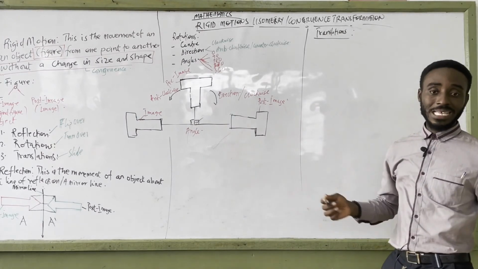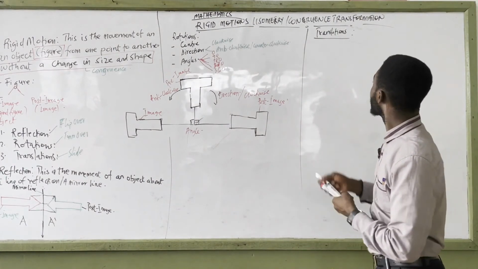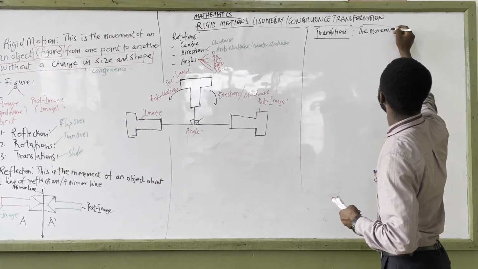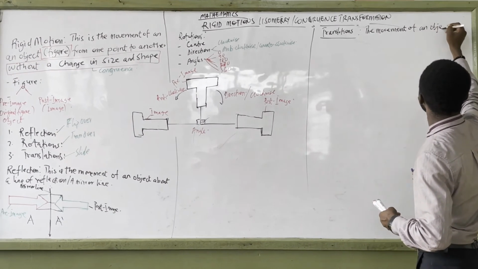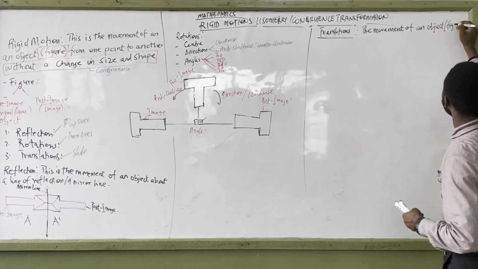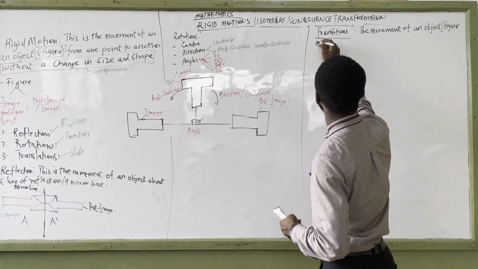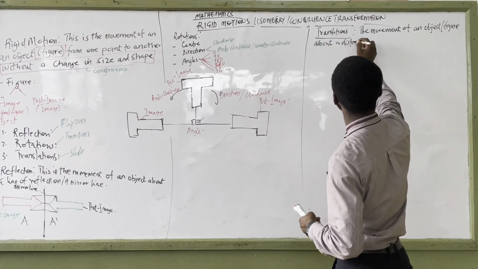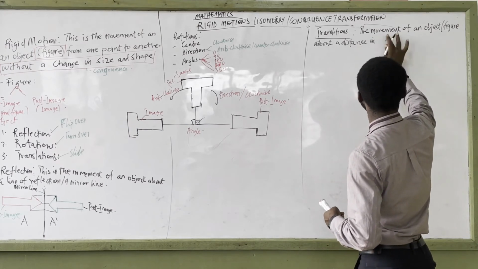And under translations, we are looking at the movement of an object or figure about a distance in a direction.